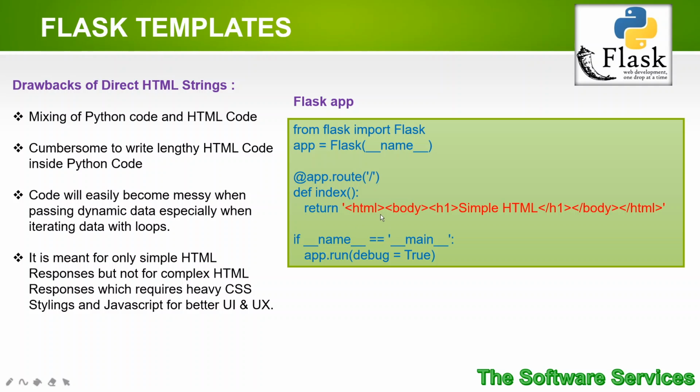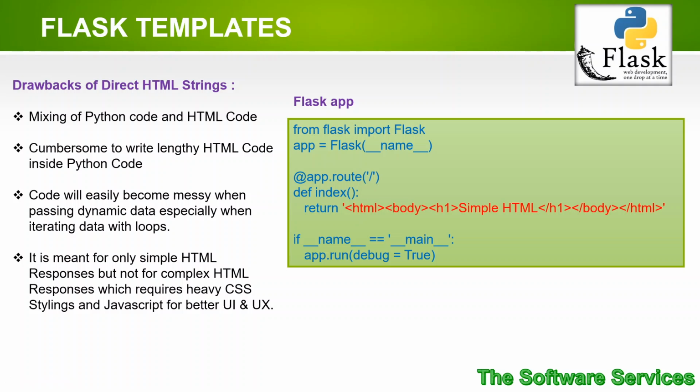And then, as I said, if you want to iterate over data, because data is not simply coming, most of the time it is coming from the database. Some thousands of records we are getting from the database and displaying those 100 or 1000 records to the end user.